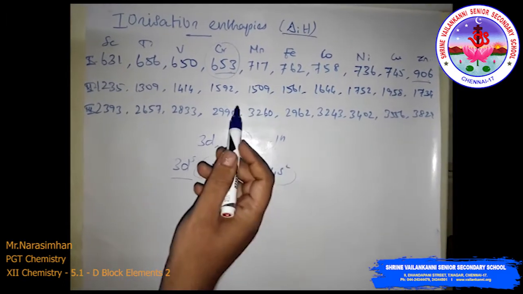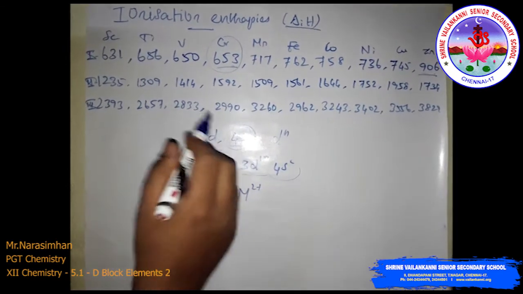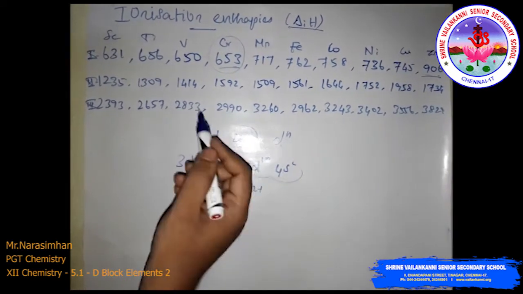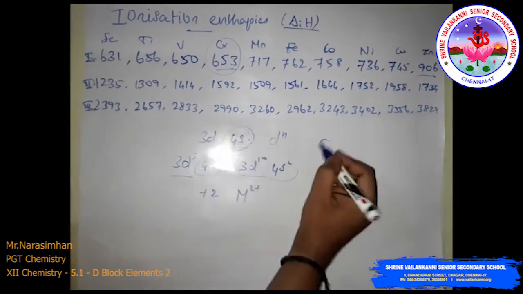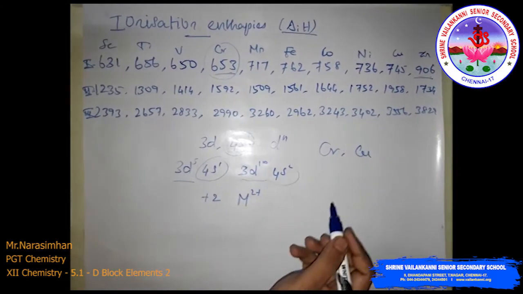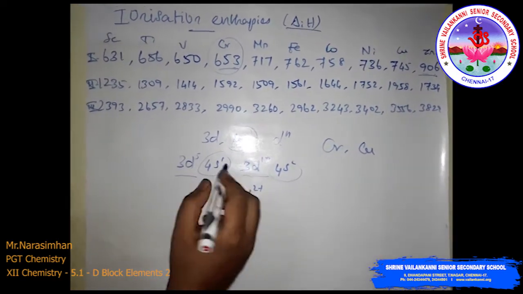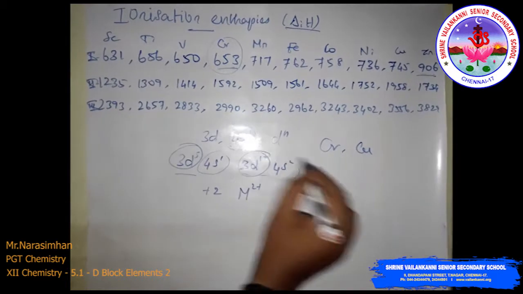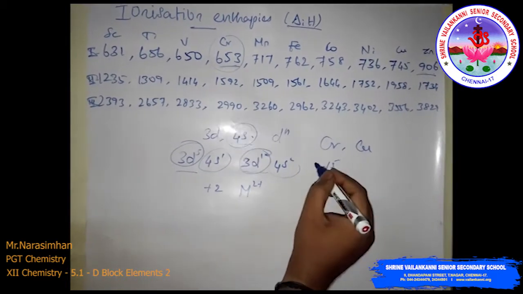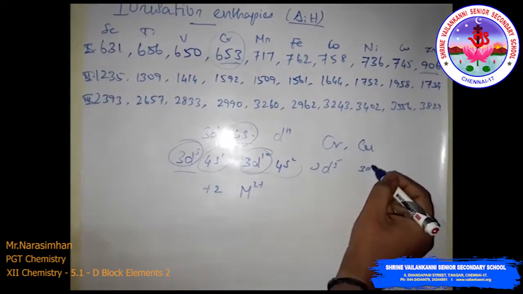This ionization enthalpy shows unusually high values for chromium and copper because of the d5 and d10 configurations: chromium 3d5 and copper 3d10.